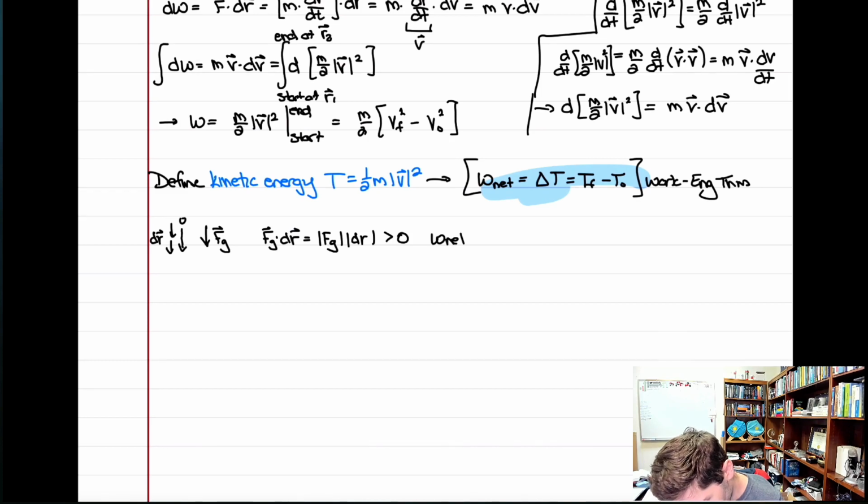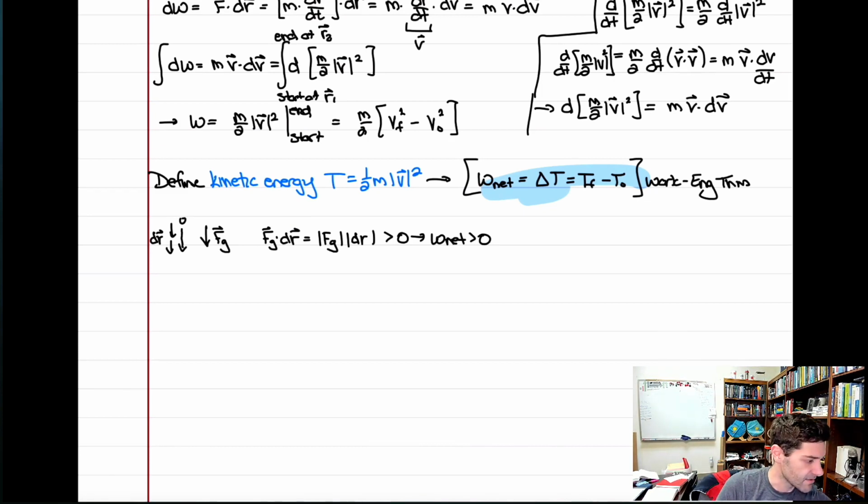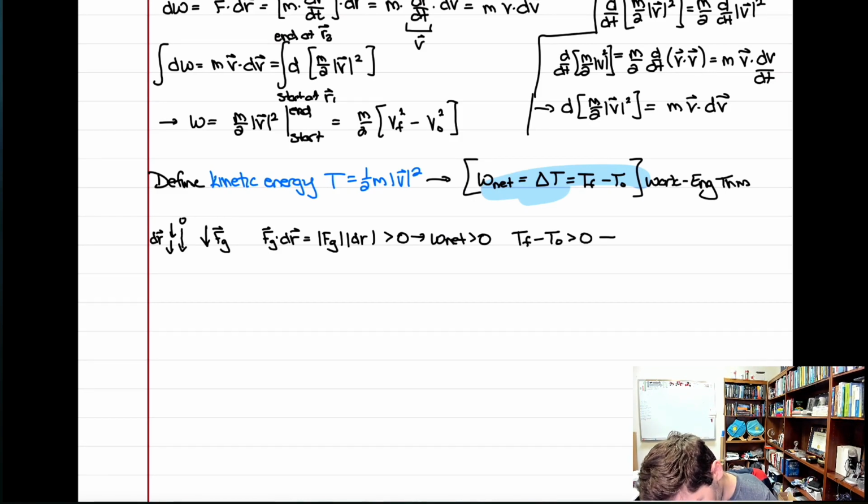So I expect that as it falls from, say, my hand to the ground, the net work is going to be ultimately positive at the end of the day. And unsurprisingly, the ball is accelerating, or speeds up, so that T final minus T initial is greater than 0, or T final is greater than T initial.